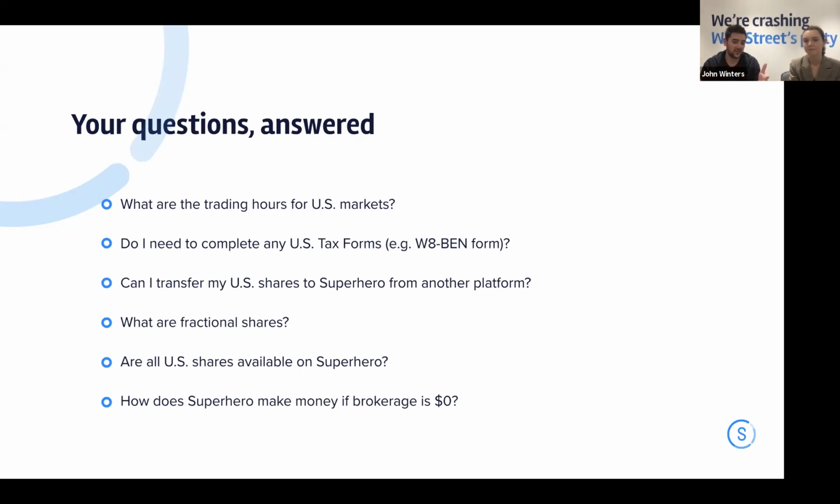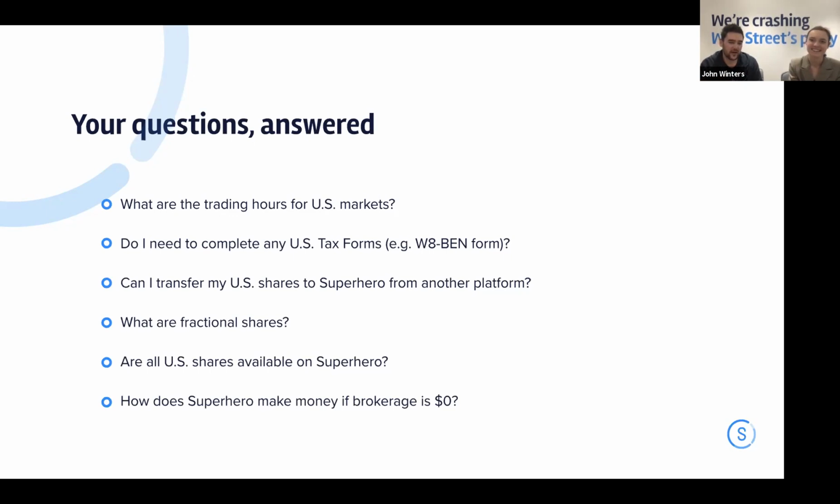As an example, Berkshire Hathaway, the Class A shares, are about $450,000 or $500,000. You can't buy a fraction of that share. You can buy the Class B shares, which removes your voting rights. Even buying one share in the Class A, it's about a $500 billion company, so you're not going to have much of a voting right.